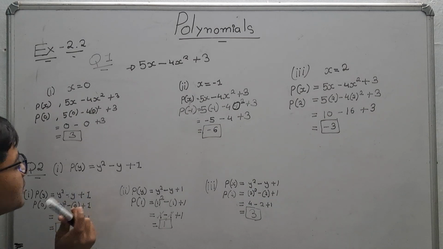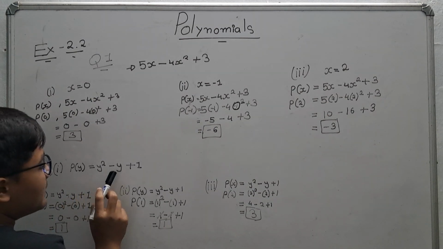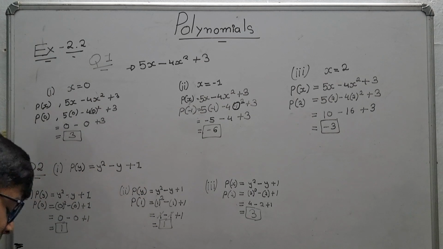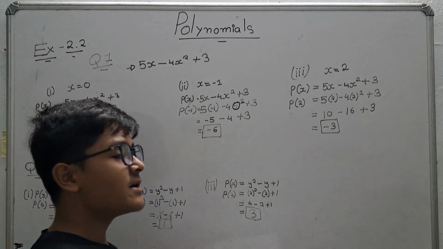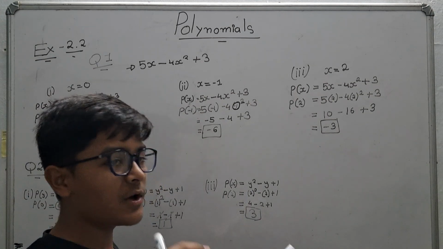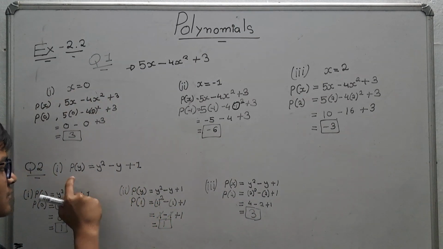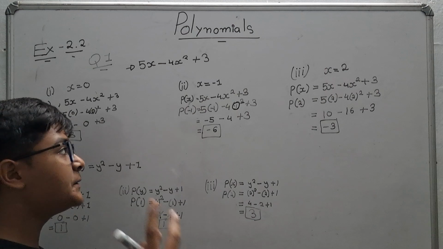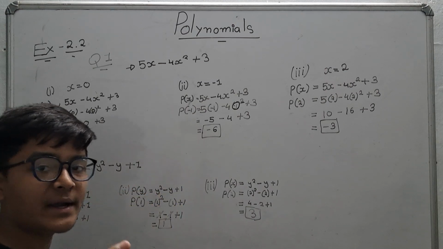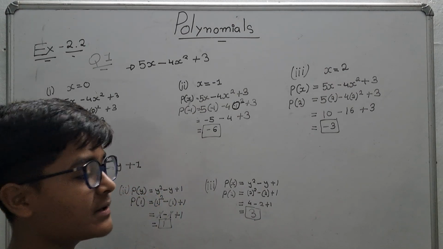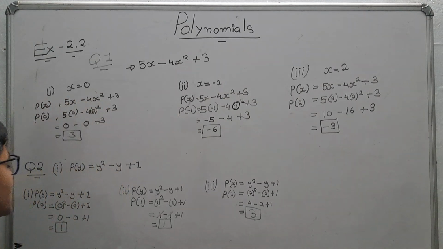Here they have given the equation y square minus y plus 1, and in the question they have said we have to find 3 values. We have to put 0 in place of y, 1 in place of y, and 2 in place of y. We have to find 3 values of only one question. So let's first of all see 0.